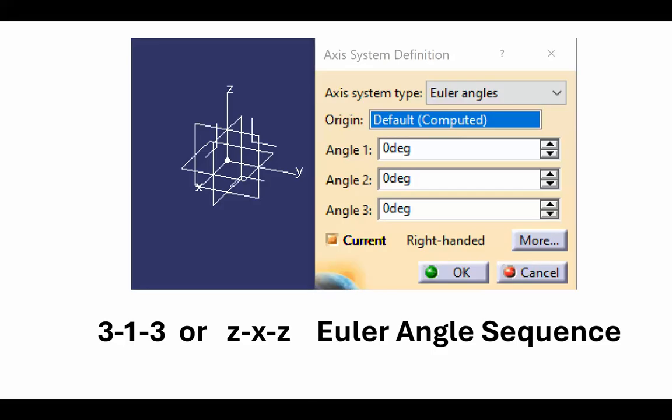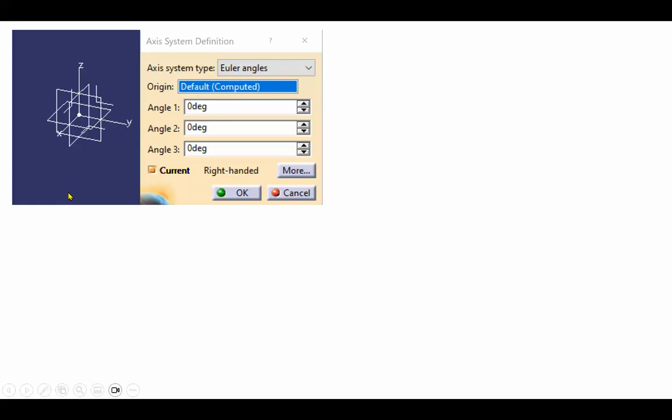Now notice that what you see here is the global direction. When you create an axis system, it automatically places an XYZ axis system aligned with the global, and I've shown it here for you. That's the same one that I just showed you.